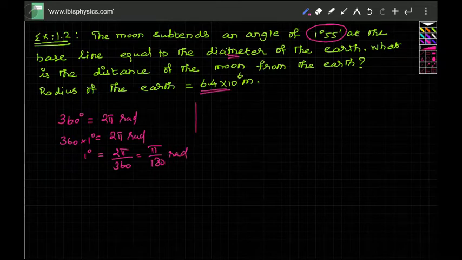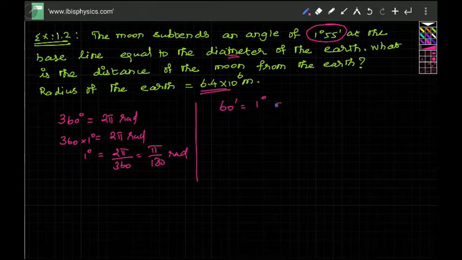This is one relation. But just like 10 millimeters equal 1 centimeter, 60 minutes equal 1 degree. A circle can be divided into 360 equal parts, and each part is 1 degree. That 1 degree can further be divided into 60 divisions, and each division is 1 minute, and each minute can further be divided into 60 seconds.